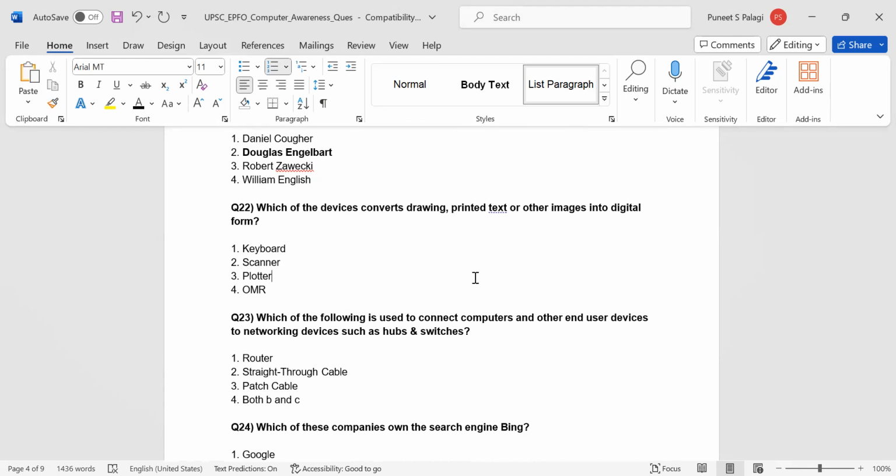So which of the following converts drawing, printed text, or other images into digital form? Which of the devices convert drawing, printed text, or other images into digital form?